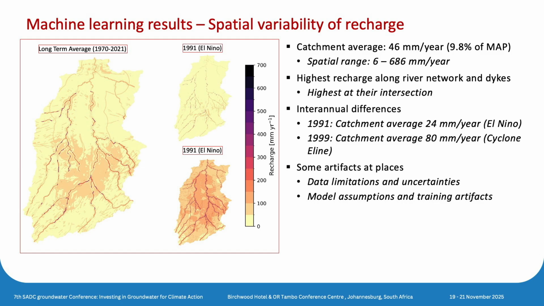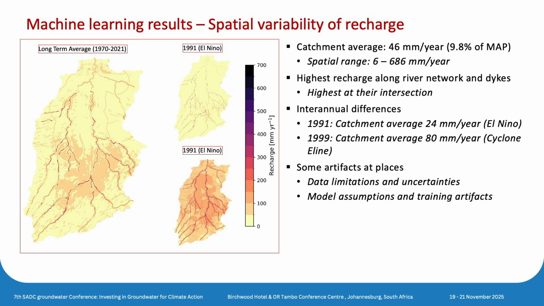Having done that, we are able to compute the long-term average of recharge for our focus area, and this is shown here on the left. As listed to the right, the catchment average has been computed to 46 millimeters per year, or around 10% of the mean annual precipitation.